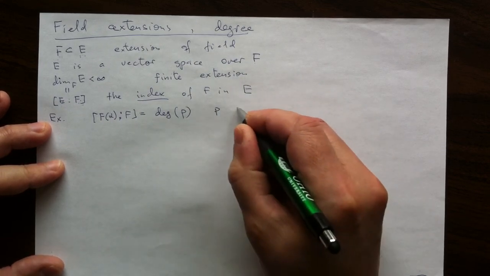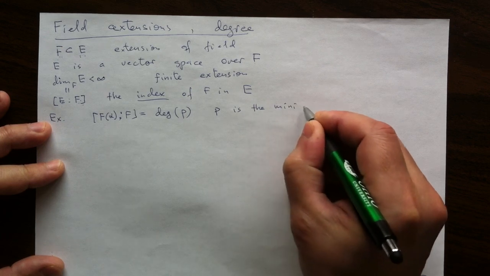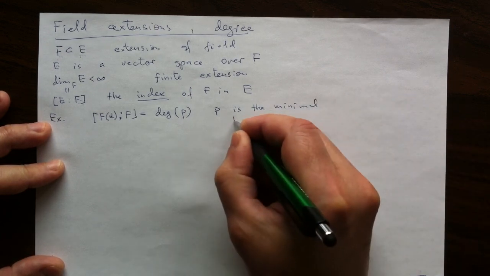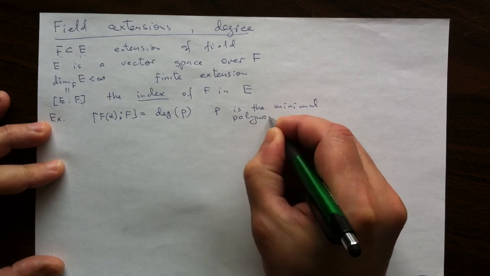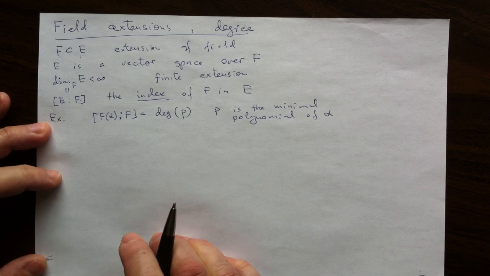So P here is this minimal polynomial of alpha.